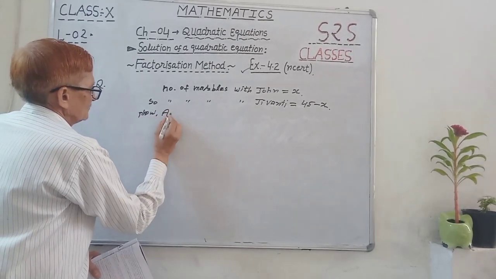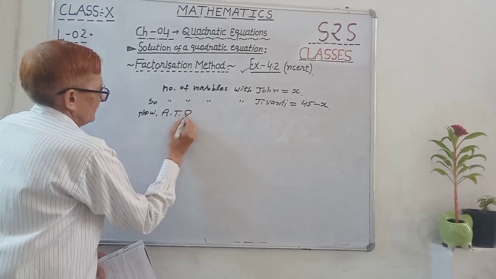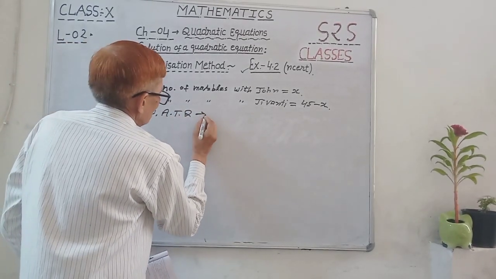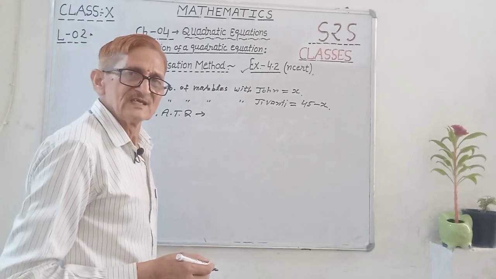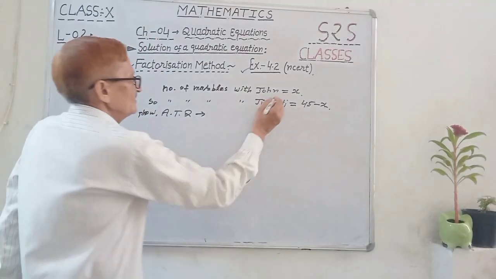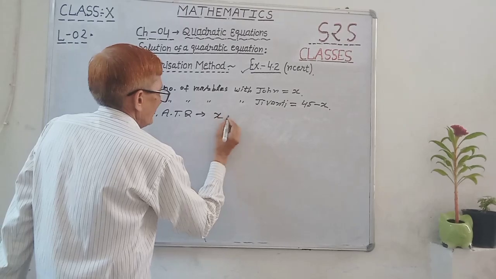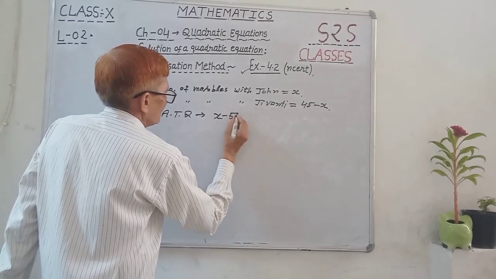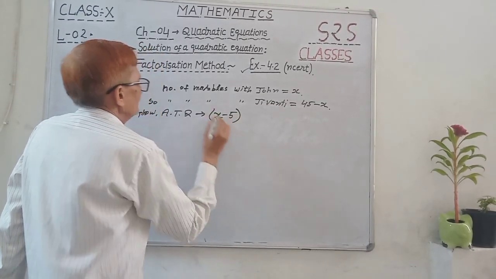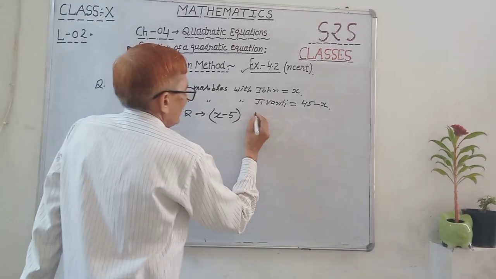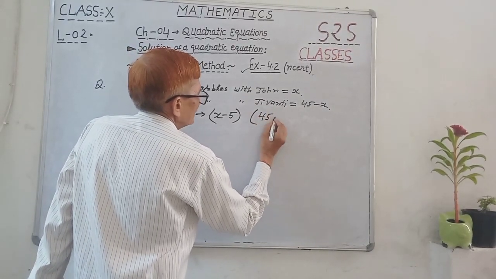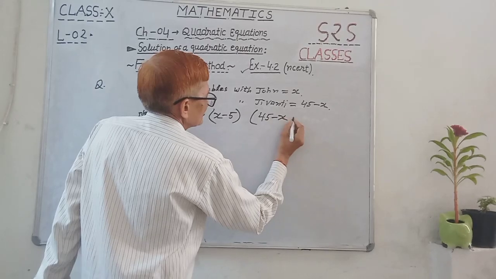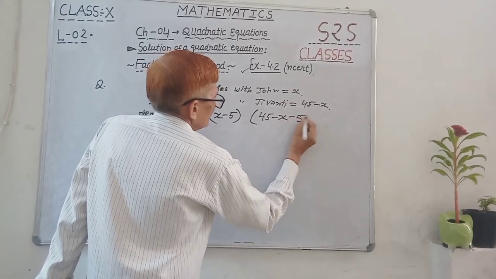Now according to the question, both lost 5 marbles each, so x minus 5 marbles remain with John and the remaining marbles with Jivanti are 45 minus x minus 5.